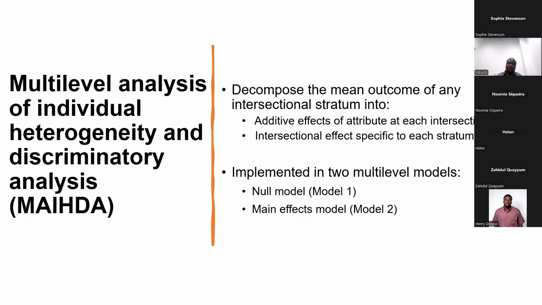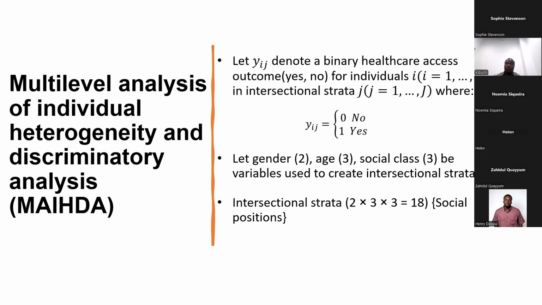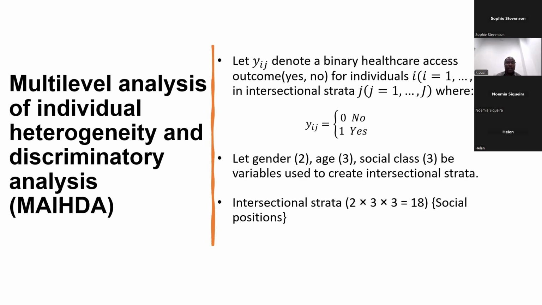So it's usually implemented in 2 stages. You fit 2 models. The first model is known as the null model, and then you have the main effect model. Let me provide a quick example here. Let's assume that we have a binary healthcare access outcome, yes and no, for individuals 1 up to, let's say, 1,000 people we are considering. And then we have our intersectional strata, let's say 1 up to 18.